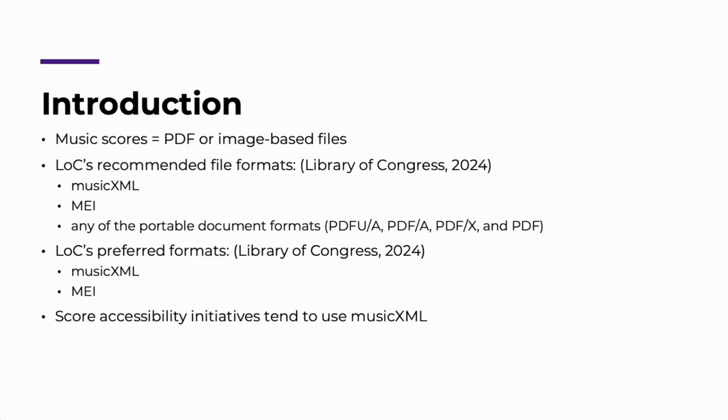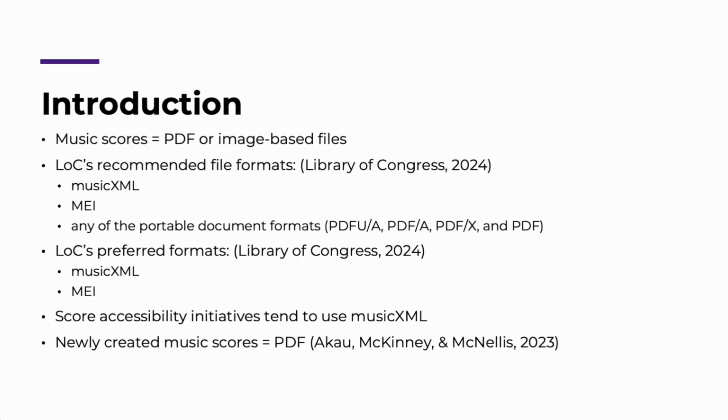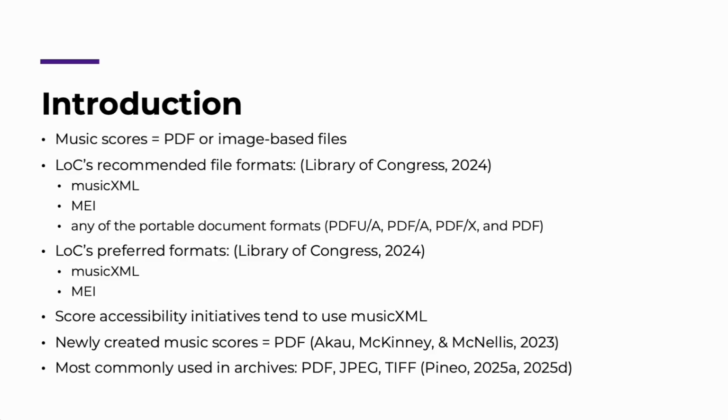But most newly created music scores are saved as PDFs by composers. If they're archived, it's usually as PDFs or PDF/As. The most common types used for music scores in archives are PDFs, JPEGs, or TIFFs, which are all image-based formats.